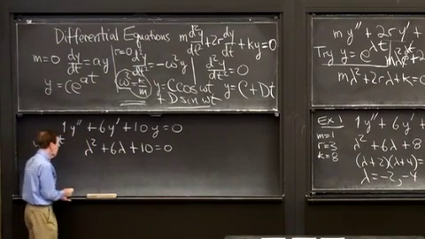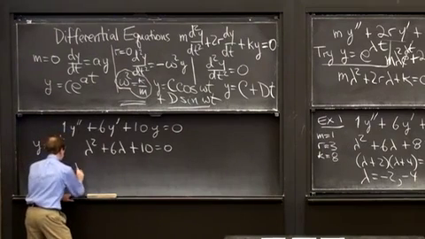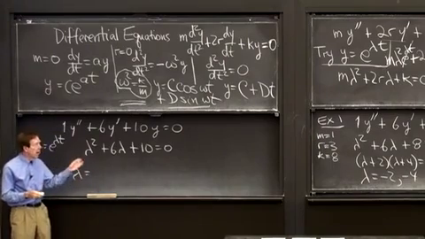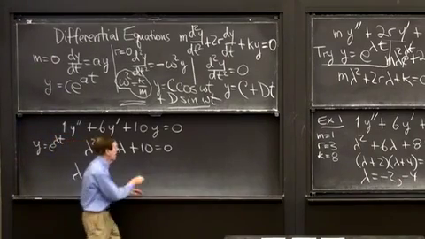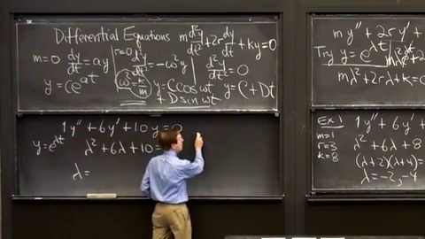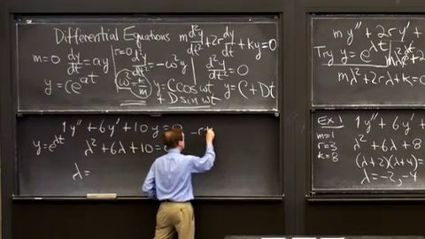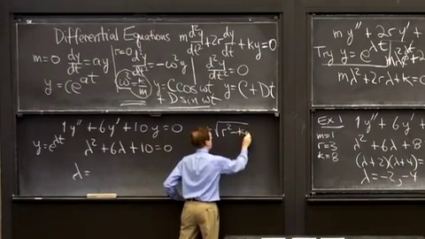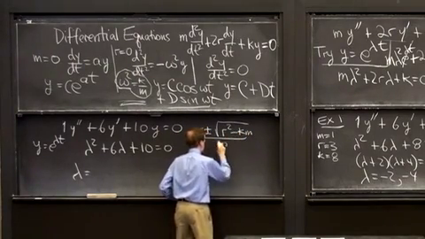So the quadratic formula gives the 2 roots lambda. Can I remember that formula? Minus r plus or minus the square root of r squared minus km, all divided by m.